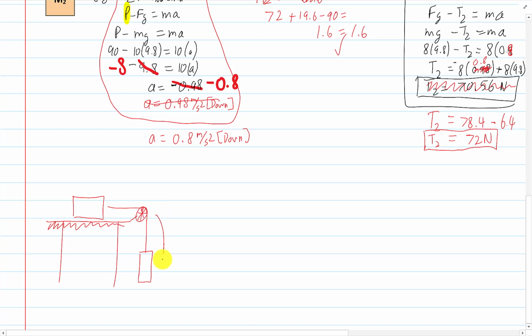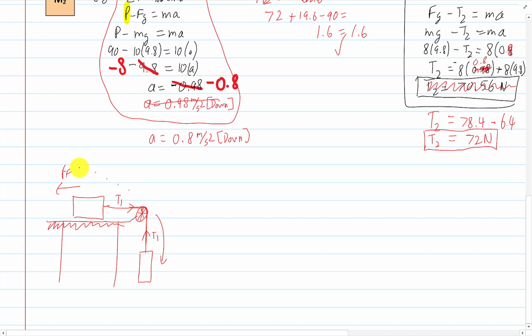This block is pulling, and this one is going to drag back because of the frictional force. The purpose of the pulley is just to change the direction of the rope. So this tension is pulling up here, call it T1, and that is also the same tension pulling along there.